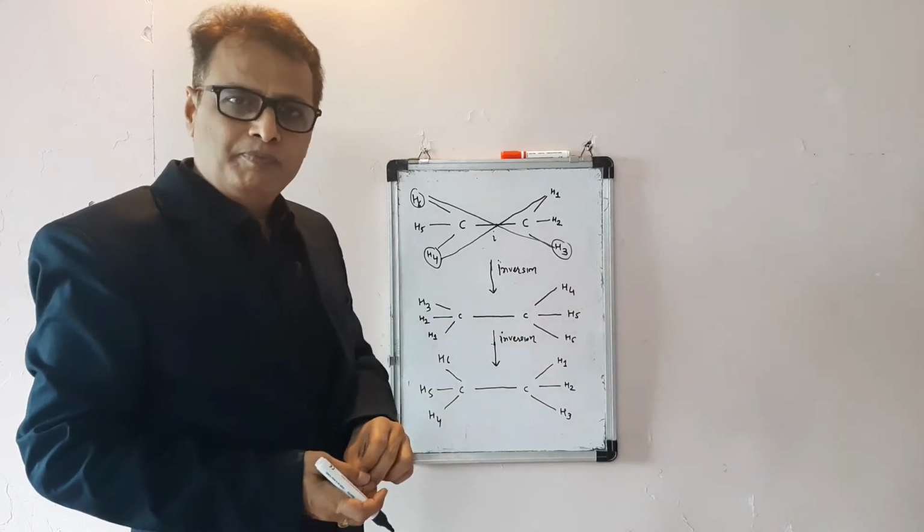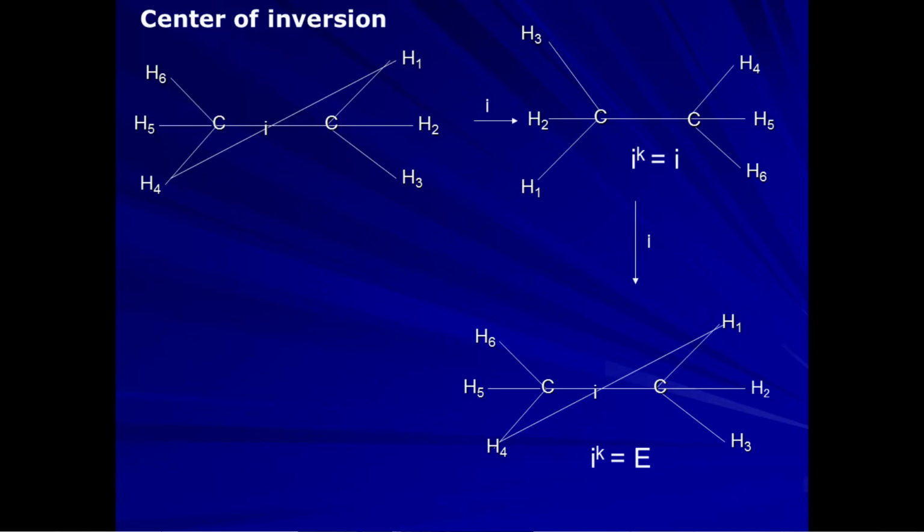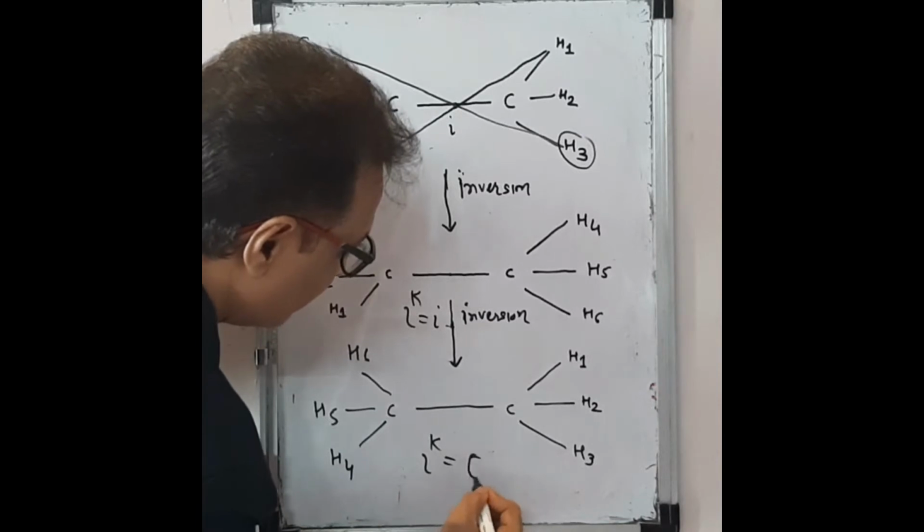If center of symmetry is carried out k times, then it is denoted by I raised to k, that is I^k. I^k is equal to I when k is odd, and I^k is equal to E when k is even.